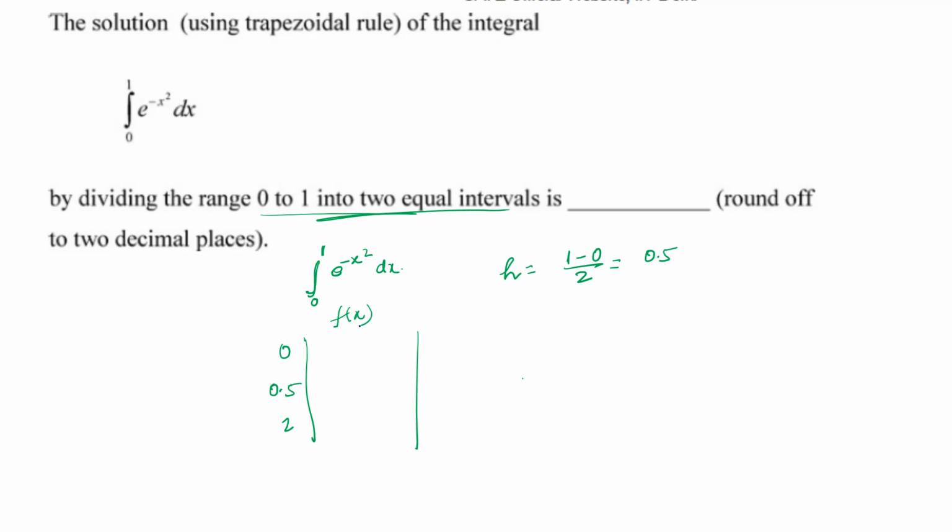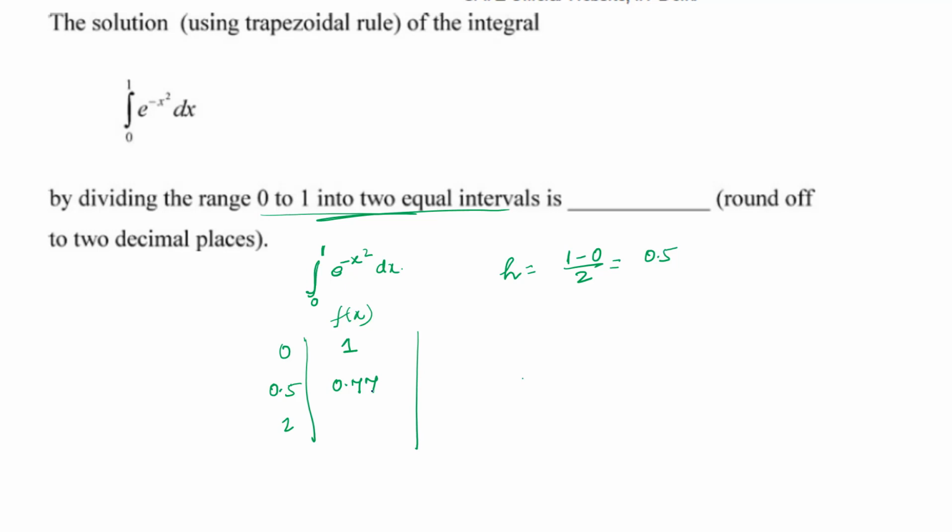Now e to the power minus 0 square is nothing but e to the power 0, which is equal to 1. Now e to the power minus 0.5 square you will have to calculate, so I am calculating it on the calculator. It is 0.778.